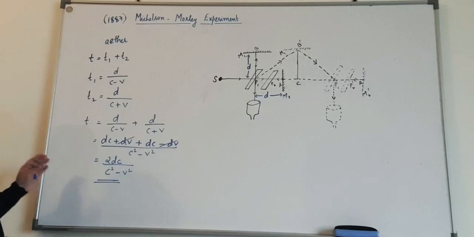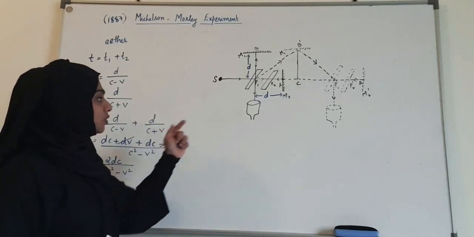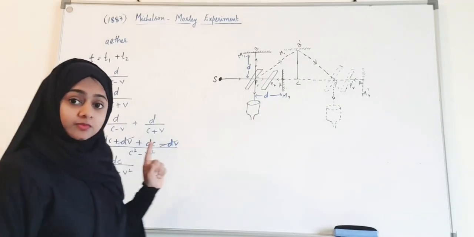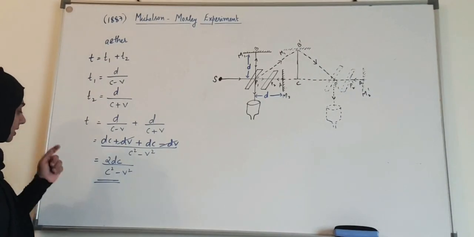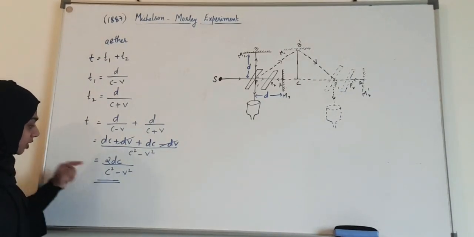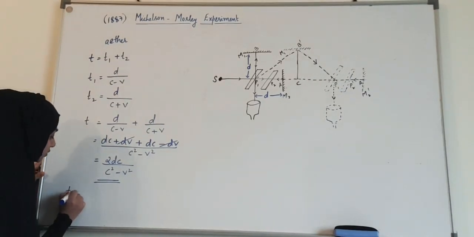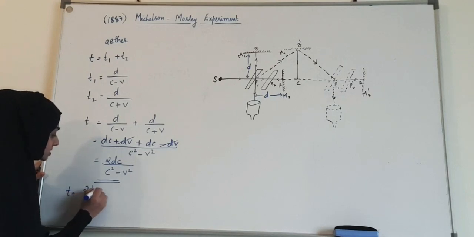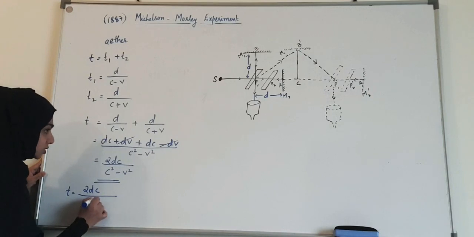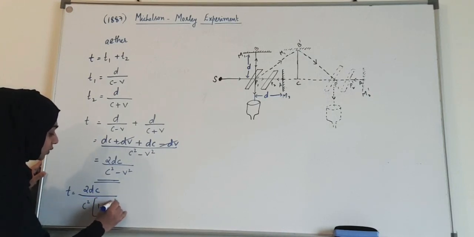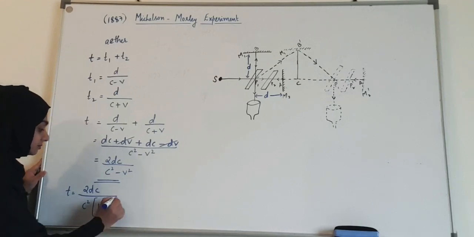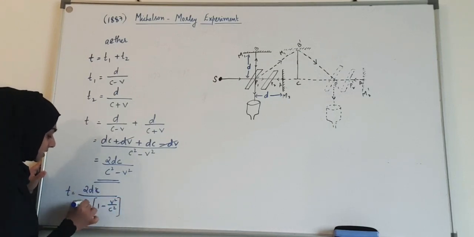So this is the time taken by the light ray to go there and come back. Now here let me take this c square common out. So time is equal to 2 dc divided by c square taken out. So this will become 1 minus v square by c square, or 1, c gets cancelled.